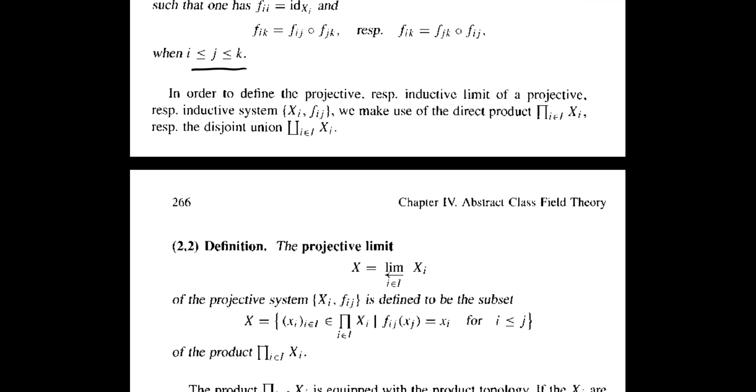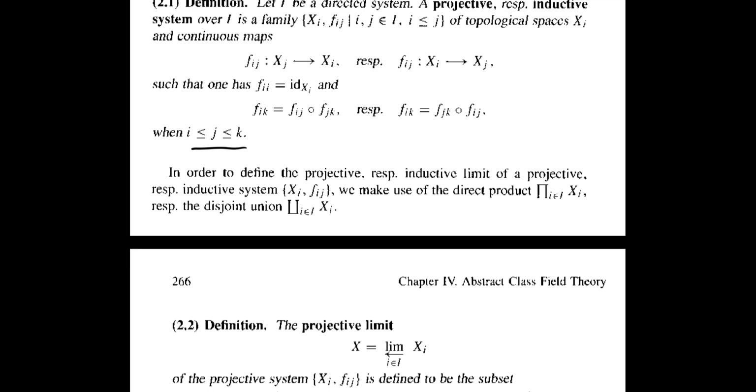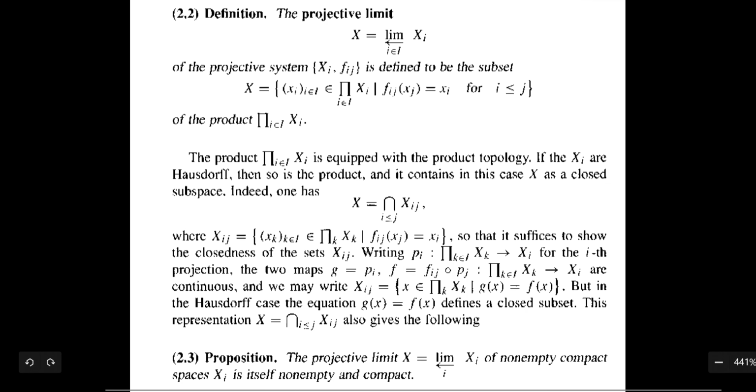In order to define the projective and inductive limit of a projective or inductive system, we make use of the direct product and disjoint union. Notice that here we are always in the category of topological spaces, so the morphisms are continuous maps. We're restricting ourselves to this category.